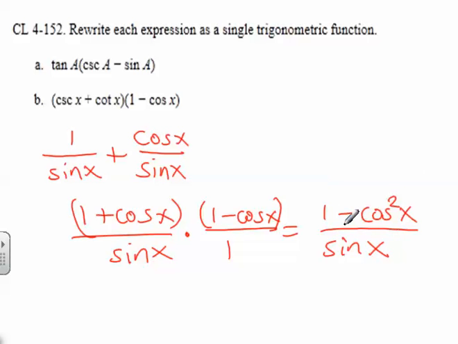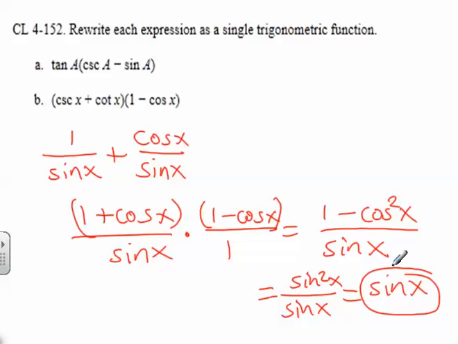Now this, according to the fundamental Pythagorean identity, can be replaced with sine squared. So I've got sine squared of x over sine of x. And just like in the last one, sine squared divided by sine, we've just got sine x in the end. So all of that simplifies to just sine x.